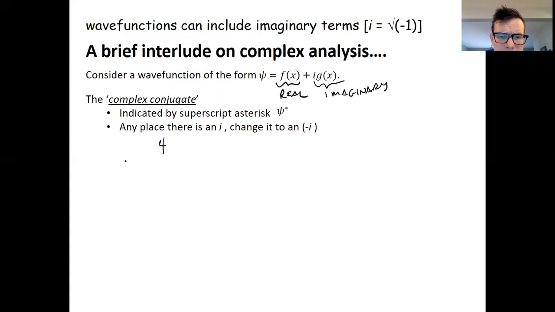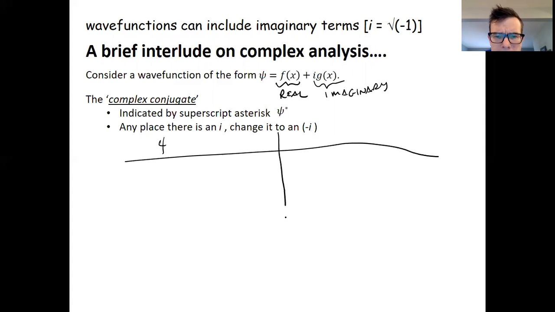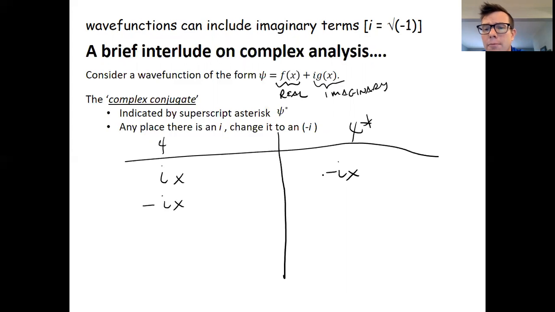So if I looked at some function, psi, and then I'm going to ask what the complex conjugate of that is, psi star. If I had a function which was ix, in order to take the complex conjugate, I take the i and I make it a negative ix. If I had a function which was negative ix, and I take the complex conjugate of it, that becomes negative negative ix, which is now equal to positive ix.